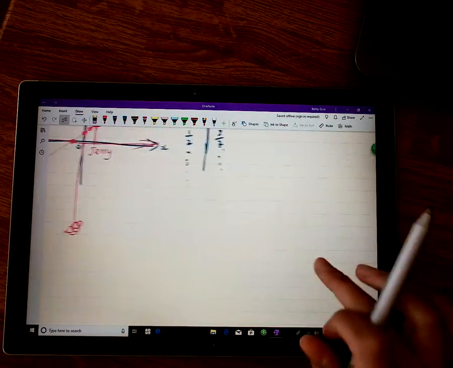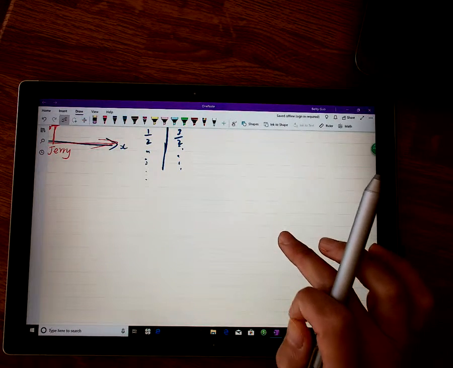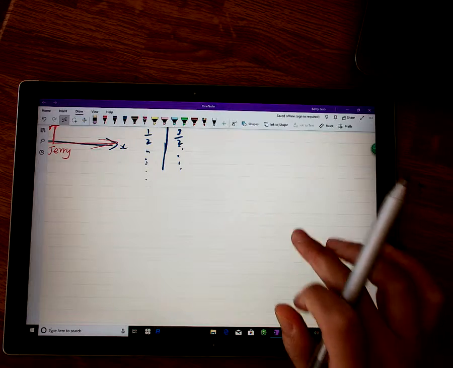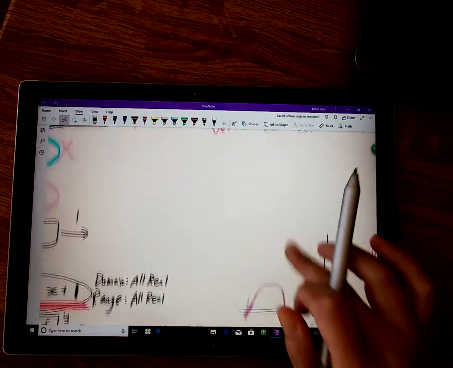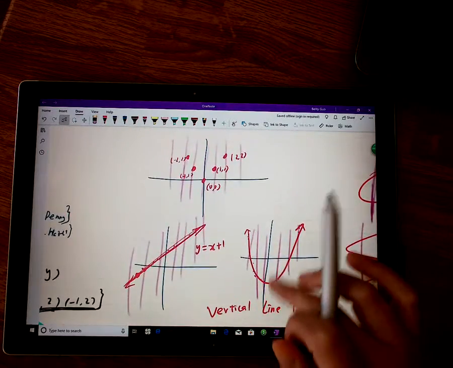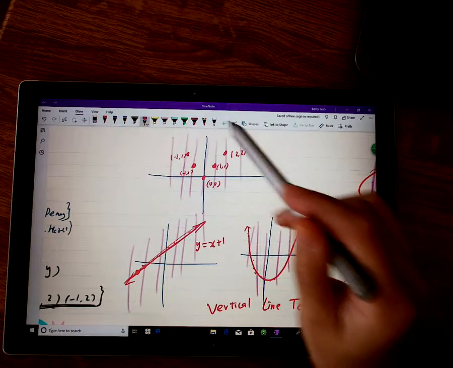I want to talk about how we understand the domain and the range if the function is represented by a graph. Let's try this function. This is a function we agree, right? What's its domain?